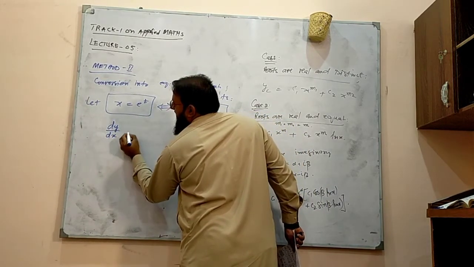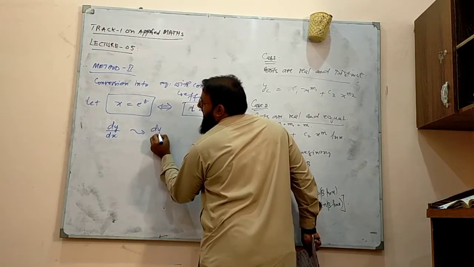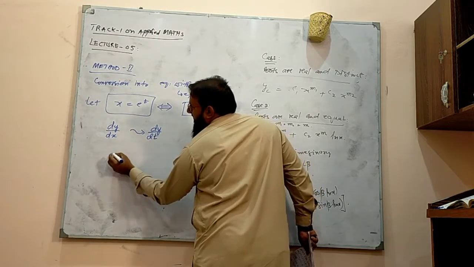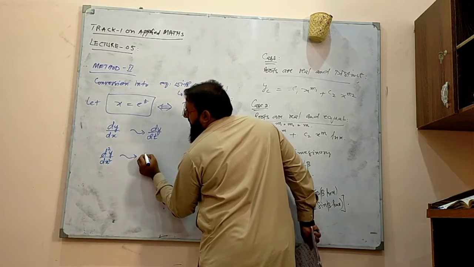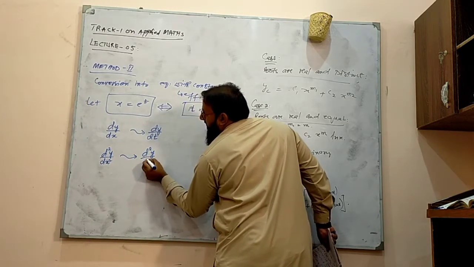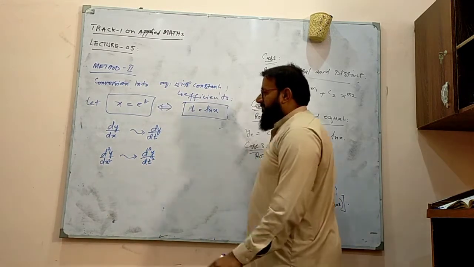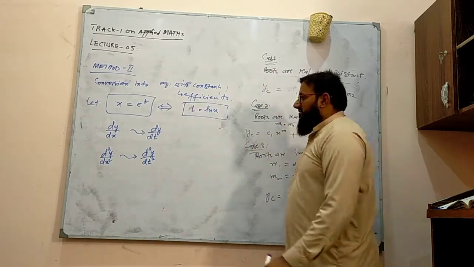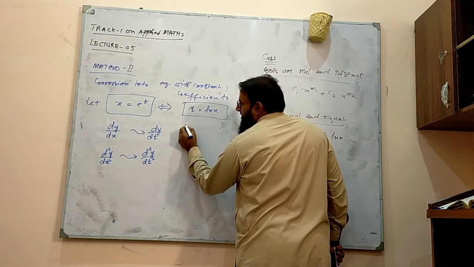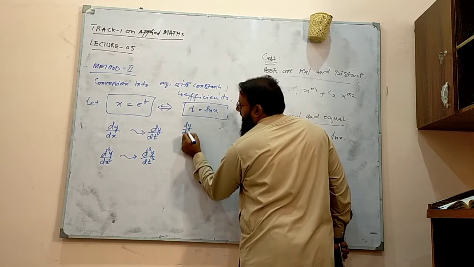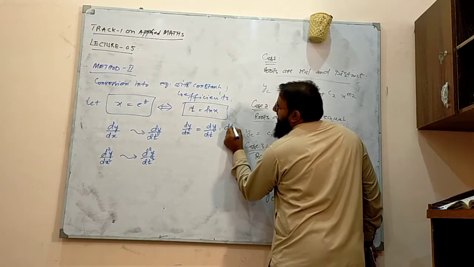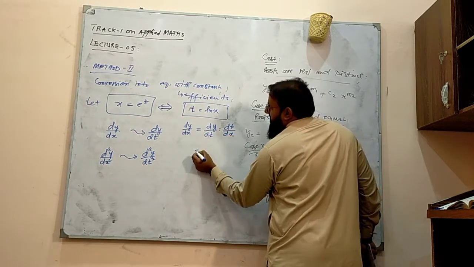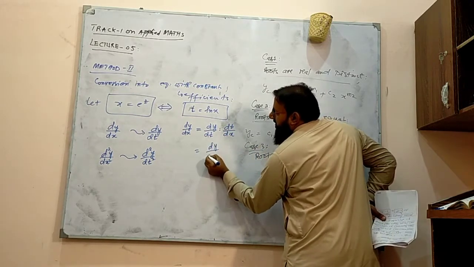You have to convert dy by dx into dy by dt, and you have to convert d2y by dx2 into d2y by dt2. How will you do this one? dy by dx can be written as dy by dt into dt by dx.